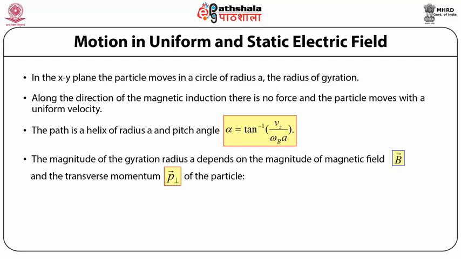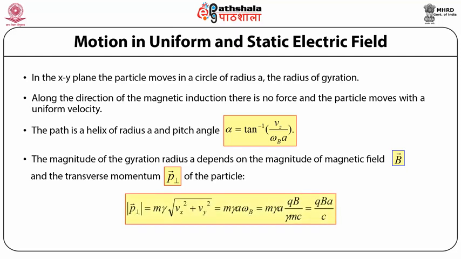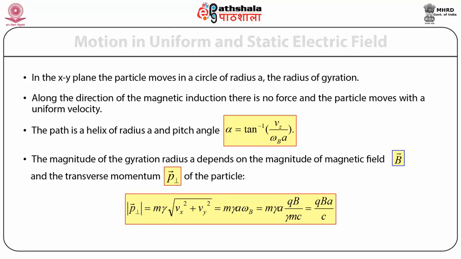The magnitude of the gyration radius a depends on the magnitude of the magnetic field B and the transverse momentum P perpendicular of the particle, where mod of P perpendicular equals m gamma into the square root of vx square plus vy square equals m gamma a omega B equals m gamma a qB by gamma m equals qBa.